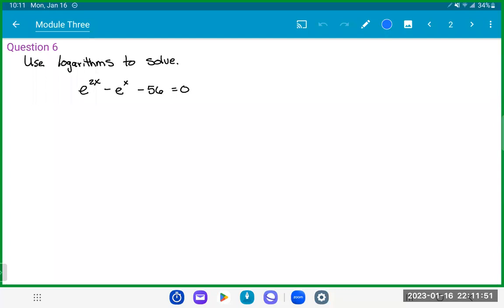We can think about this in terms of if this had just been something like x squared minus x minus 56, then that's not something very daunting for us to factor, right? And we could see that that factors to x minus 8 times x plus 7, okay?